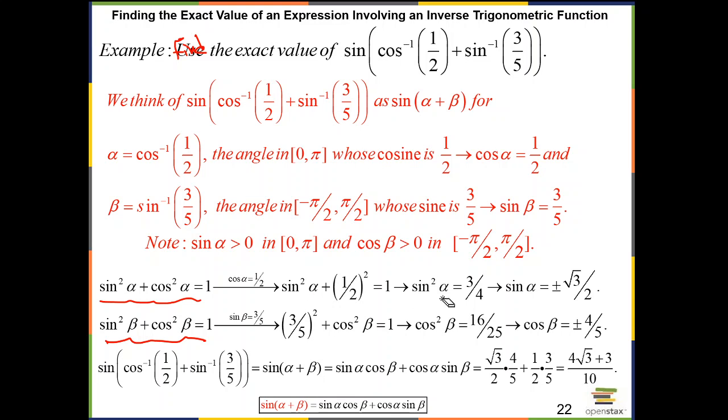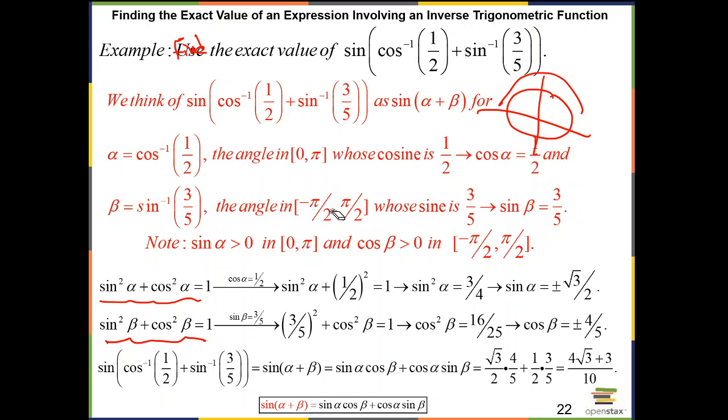So as you see, sine alpha would be plus and minus the square root of 3 over 2, and cosine beta is plus and minus 4 over 5. But remember, alpha is in this area, and in that area, what is sine? Sine is positive, right? So we have to pick this positive value. And for cosine beta, remember where beta is.